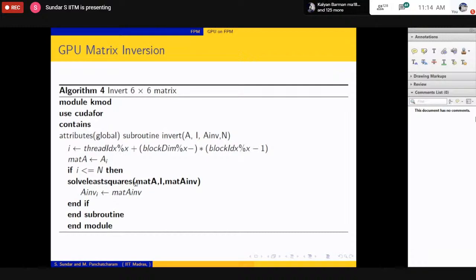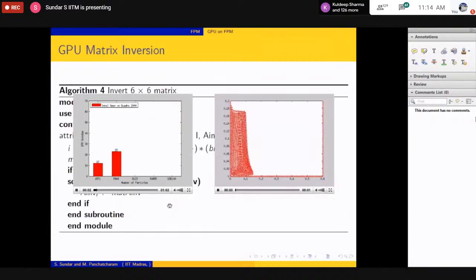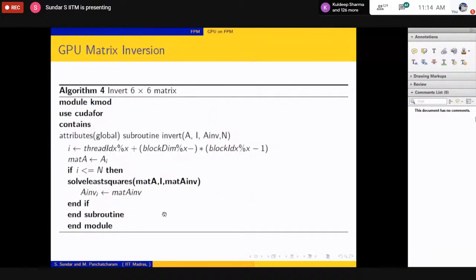So I have done a GPU for particle management, which will add and remove particles. I have done the GPU for neighbor search. I have done the GPU for compact storage. I have done the GPU for matrix inversion. So this is the matrix inversion.